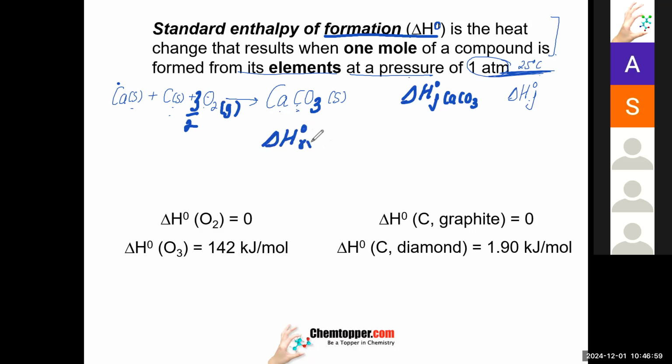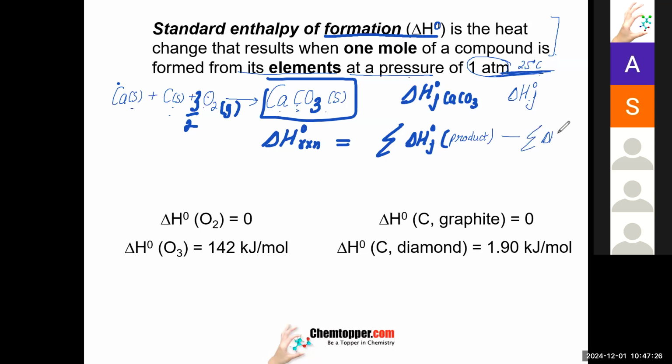Delta H naught reaction is summation of delta H naught formation of the products. Product is final, right? The final state, minus summation of delta H naught formation of the reactants.